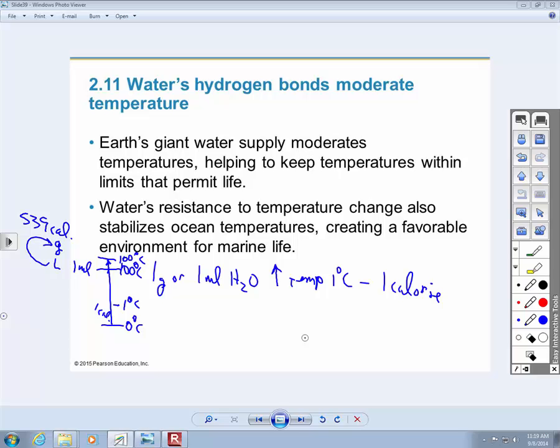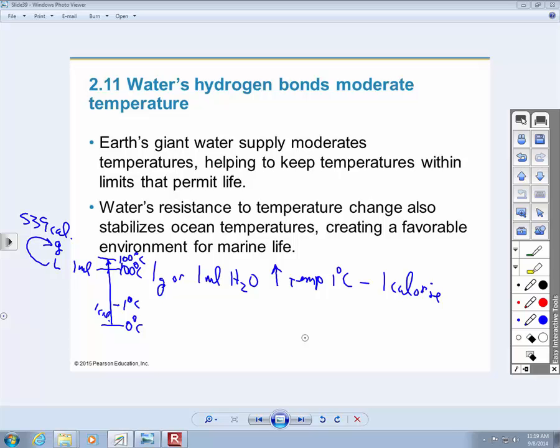But for every milliliter, it takes 539 calories to go off as a gas. That's a huge amount of heat being added. But to just go from 0 degrees liquid water to 100 degrees liquid water, that's only going to take 100 calories. It's 1 calorie for every 1 degree increase.